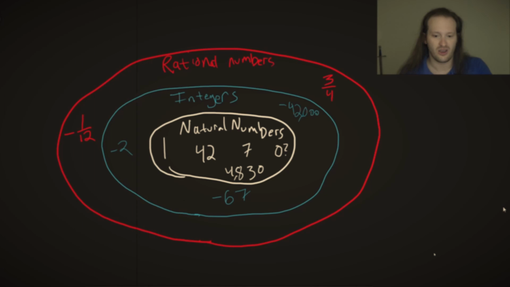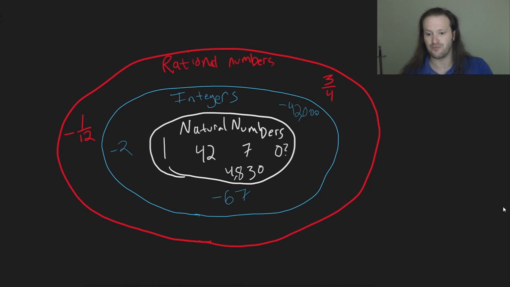But we can take any of those inner numbers and make them into a fraction by dividing them by 1. And as we know, anything divided by 1 is itself. So this is their fraction form, but we don't ever write it like this. We just clean it up. So just in case that was bothering you, yes, they are technically fractions.